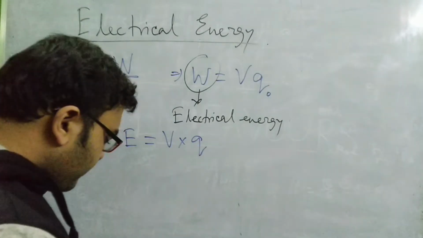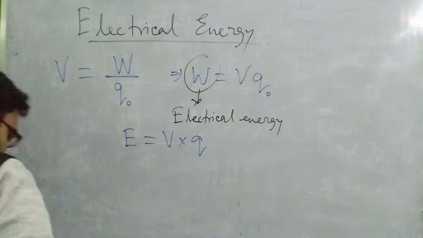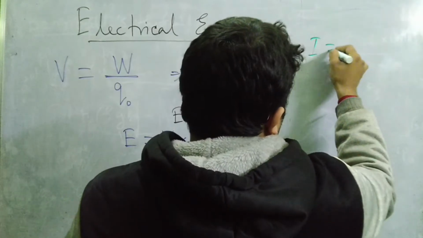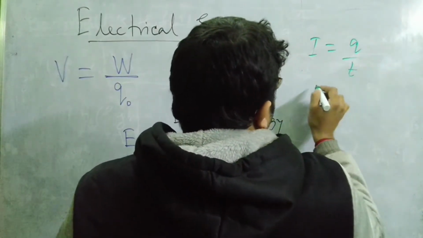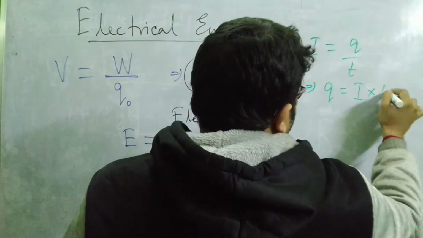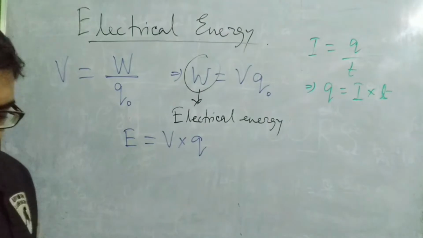From the definition of current, we have defined current already. So from the definition of current, you can say that current I is equal to Q by T, isn't it? So what will be the charge Q? It will be I into T, isn't it? Okay, I into T. Fine.